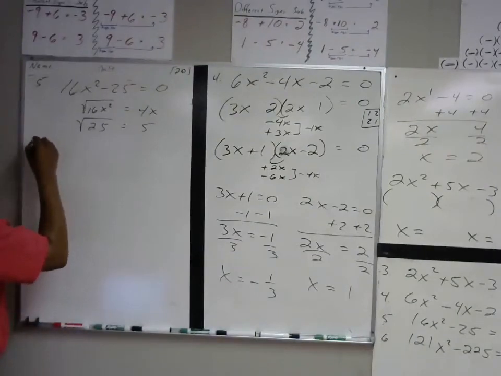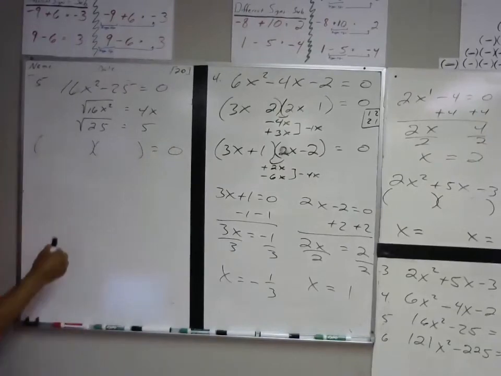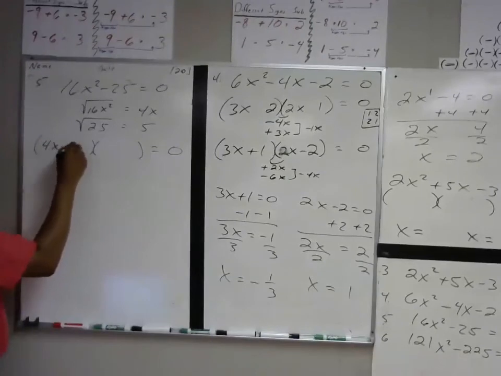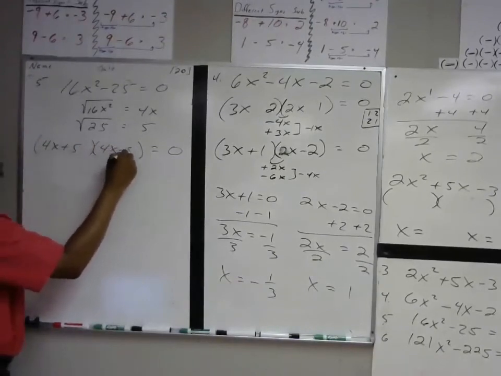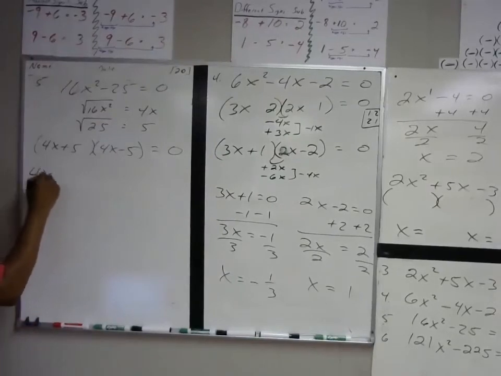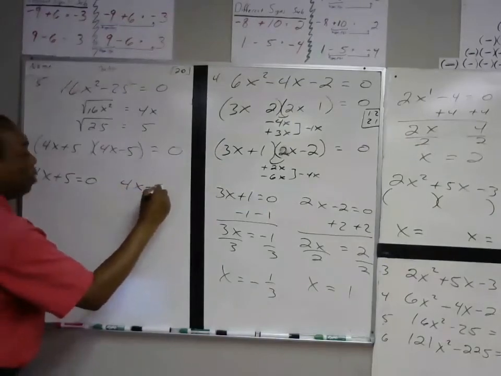Now I'm going to write those into 2 binomials, and we're going to write them as conjugates. So on one side will be 4x plus 5, the other side will be 4x minus 5. And from here, we have 4x plus 5 set equal to 0, and 4x minus 5 set equal to 0.